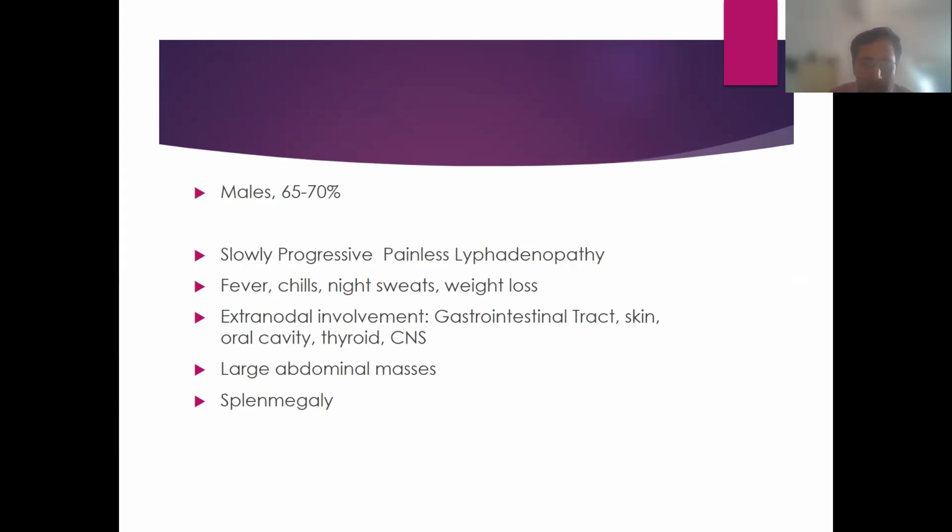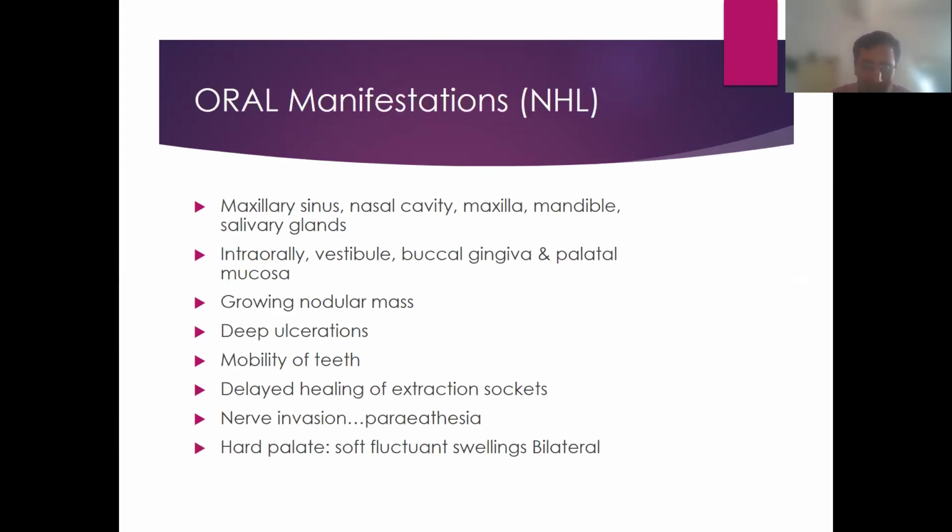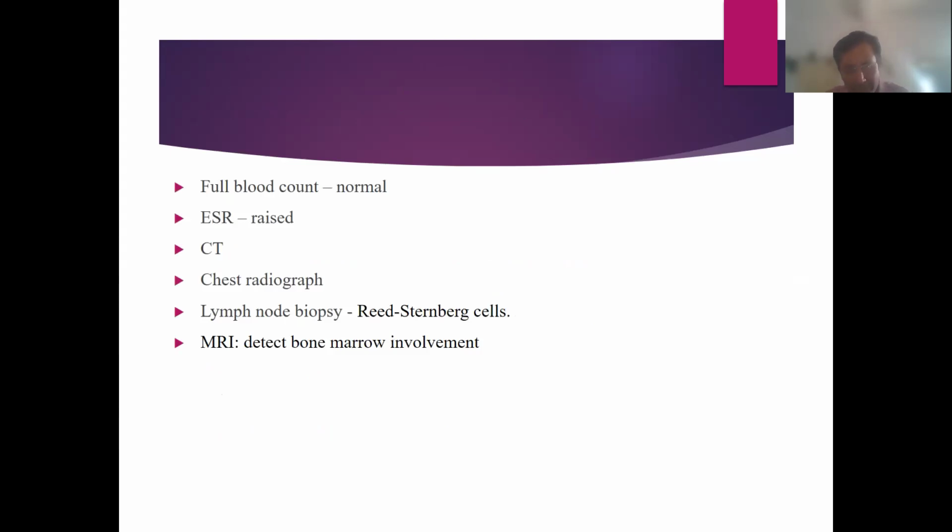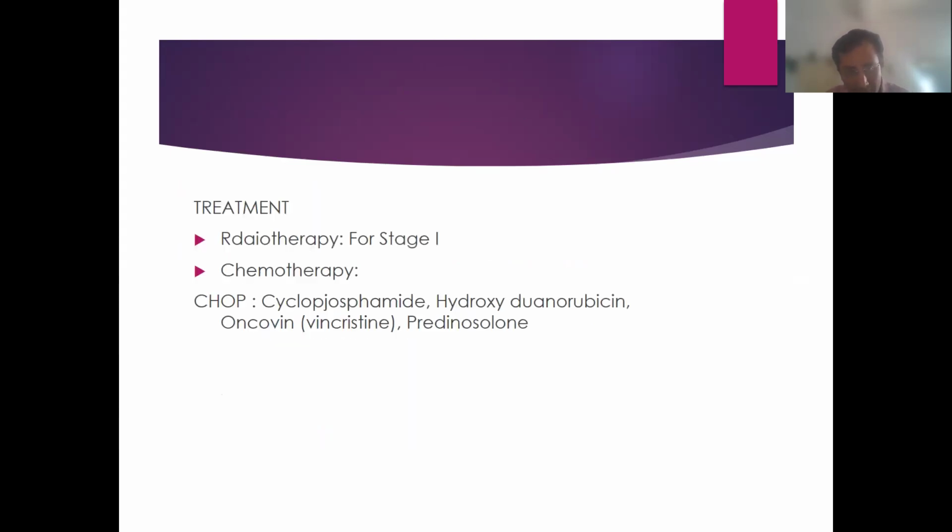Features are slowly progressive and painless lymphadenopathy, fever, chills, night sweats, weight loss, and large abdominal mass like splenomegaly. In the maxillary sinus, nasal cavity and maxilla, a growing nodular mass, deep ulceration, mobility of tooth, delayed healing of extraction, subfluctuant swelling, ESR is raised, and we can give vincristine.